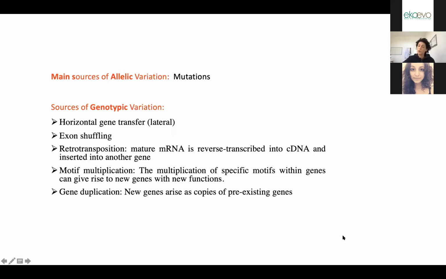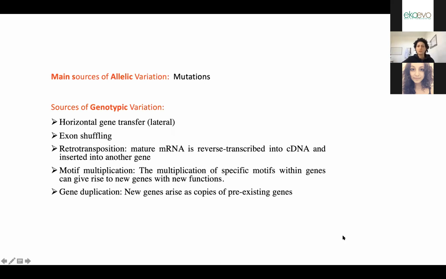What is the meaning of horizontal gene transfer? Most probably you know, but just remember: normal gene transfer happens between individuals of the same species. Horizontal gene transfer happens between individuals of different species, okay?